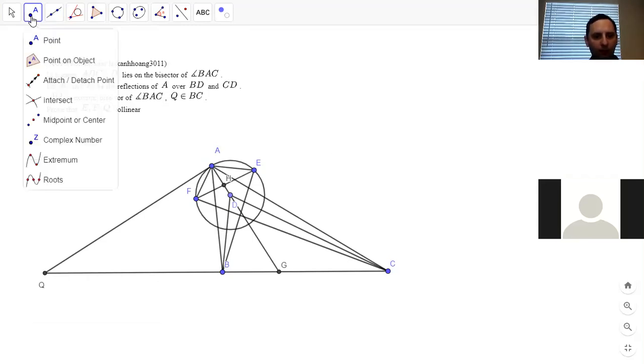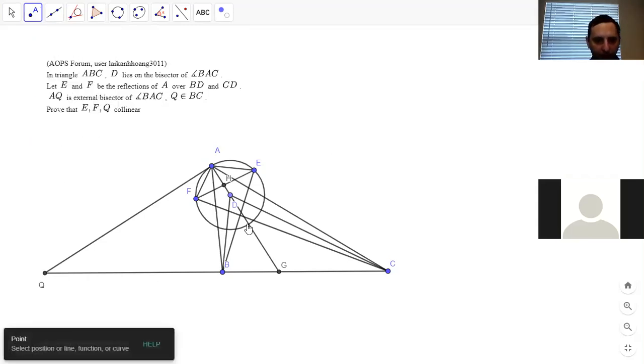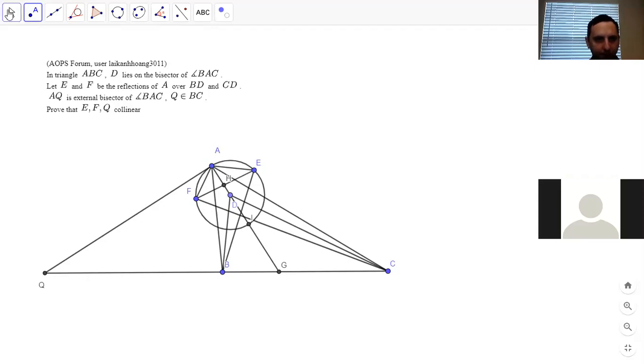Wait, actually, so what if we label this point right here?